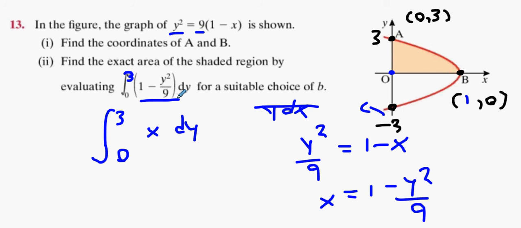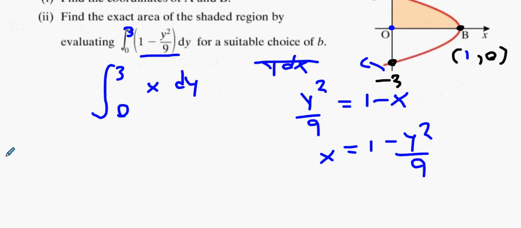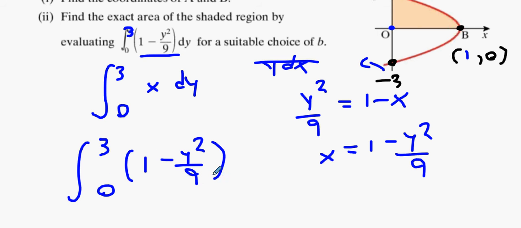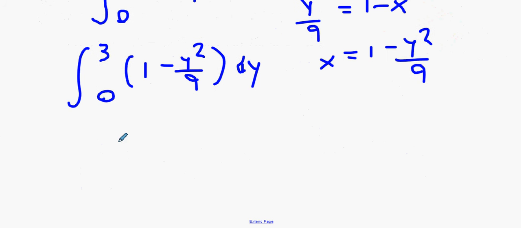Okay? Now we're going to integrate this. So we get the integral from 3 to 0 of (1 minus y squared over 9) dy. Integrate 1, you get y. Integrate y squared, what do we get? y cubed. The 9 was already there, wasn't it?